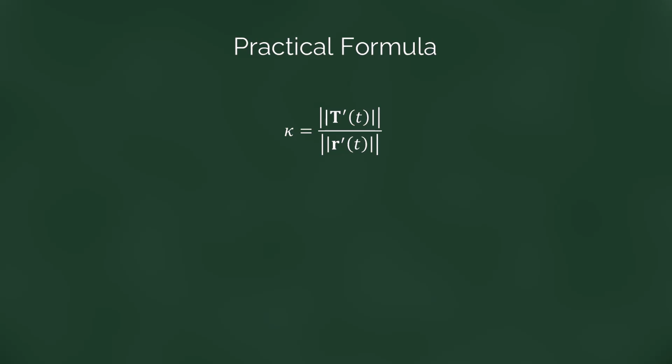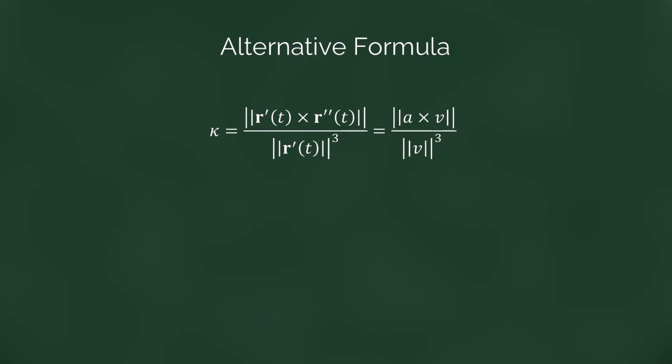Plugging that in up here, we get that this is the magnitude of dT/dt times 1 over the magnitude of r prime of t, but dT/dt is just T prime of t, so we have the magnitude of T prime of t over r prime of t, the magnitude of that quantity. We have one last formula for kappa.